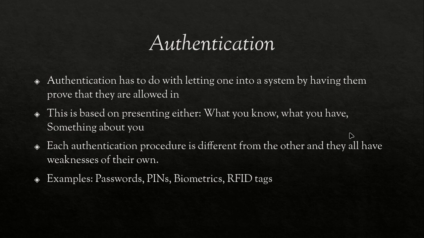Something that you have, or it is something about you. This is where we're now talking about biometric features, things like your fingerprints, your paw print, or your voice, or your iris, and so on and so forth. This is something about you. In terms of authentication, each of them has a weakness of its own.